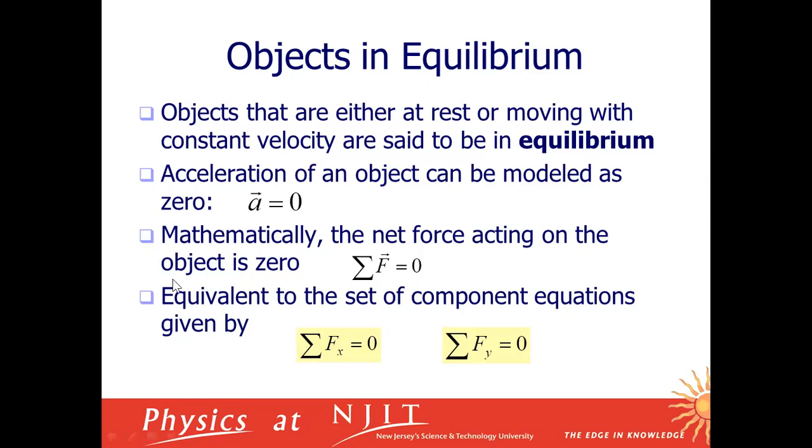This is actually your first law of Newton's. If the summation of forces is equal to zero, the x components of those forces would be equal to zero, as well as those forces at the y component.